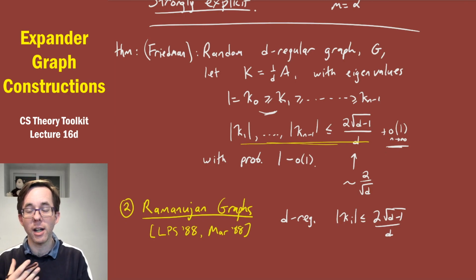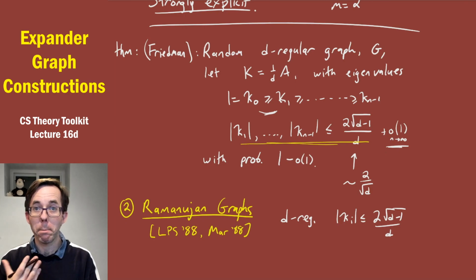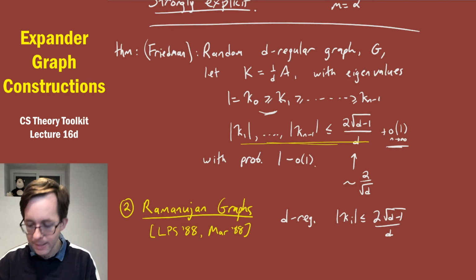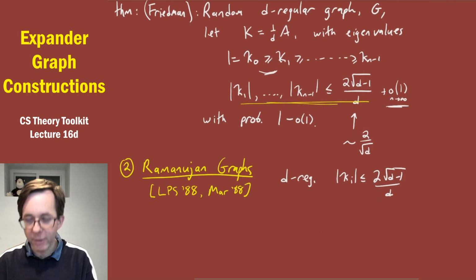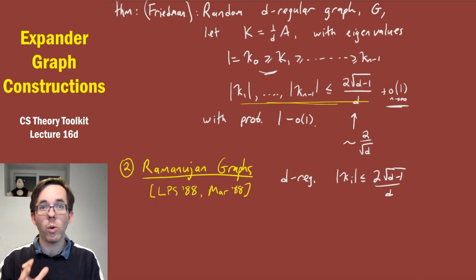So these are actually kind of amazing because they're, in some sense, better than random graphs, by a little o of 1, but that's nice. But here's a little bit of a catch. The construction of these requires very heavy-duty number theory, super hard, super deep. Well, the construction itself is actually not very complicated, okay?